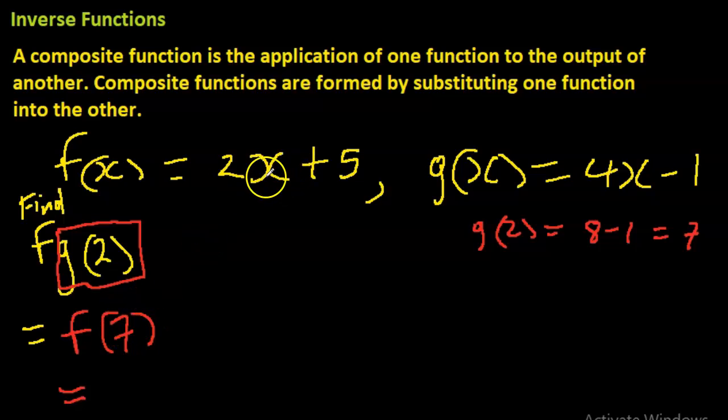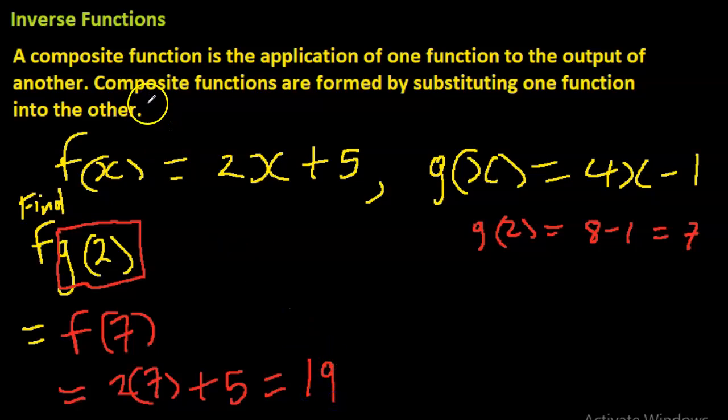So you plug in 7. You plug it into the function f, which means that for f of 7, you're replacing the x with 7. So f of 7 will be 2 times 7 plus 5. And 2 times 7 is 14. 14 plus 5 is 19. So that's what we mean when we say the composite function is the application of one function to the output of another.